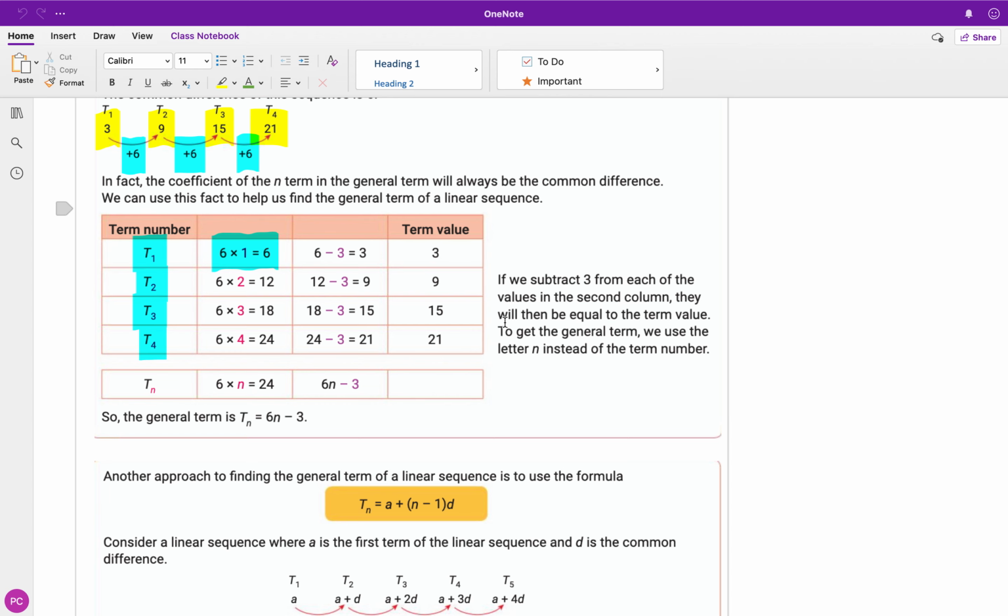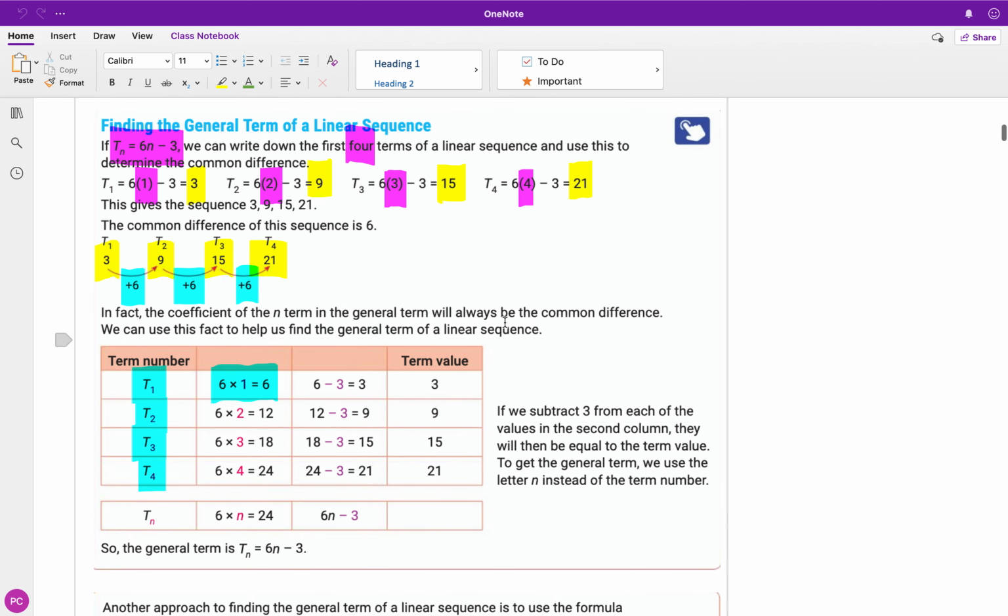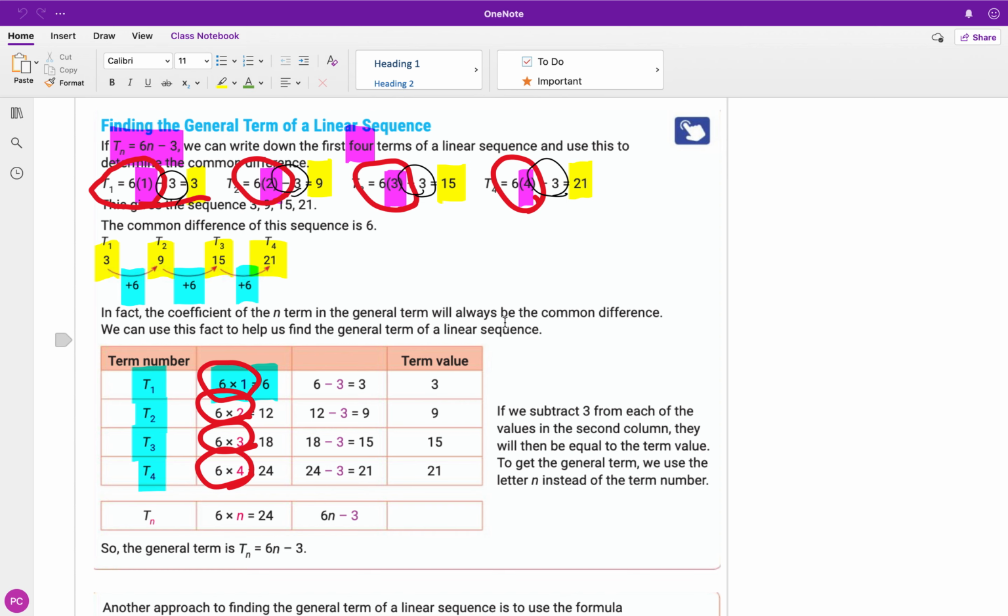You see they did that up here: 6 by 1, 6 by 2, 6 by 3, and 6 by 4. This table is the same thing. And then in all of these, they took away 3, and there are the same numbers again: 3, 9, 15, and 21, the same as up there.